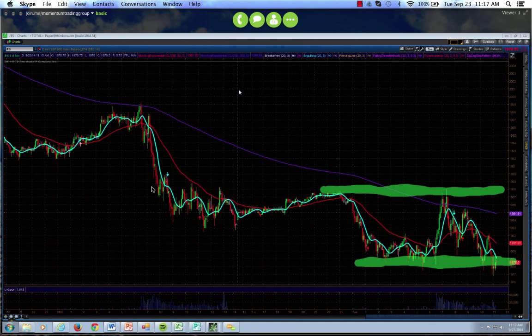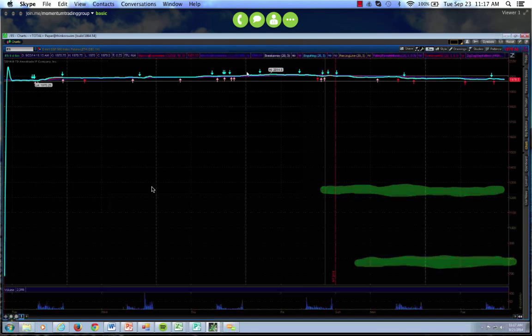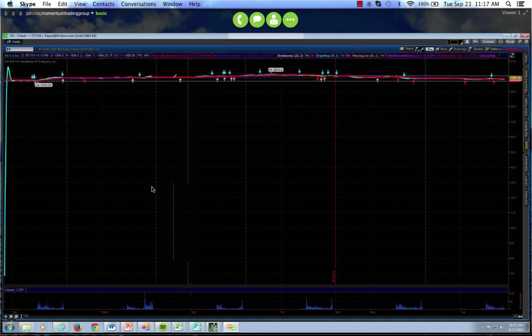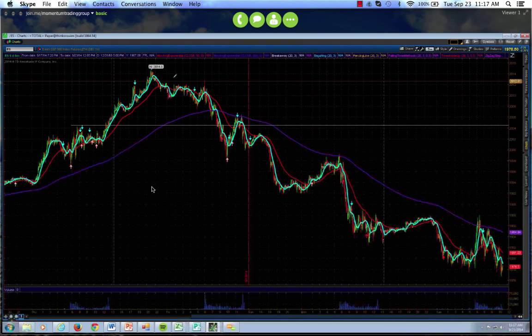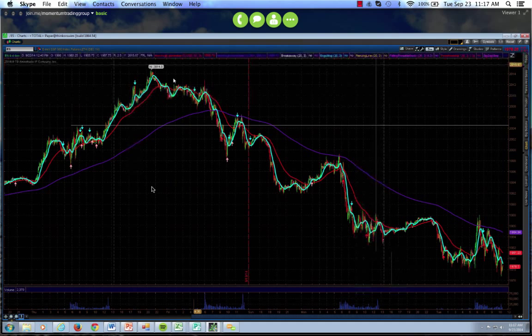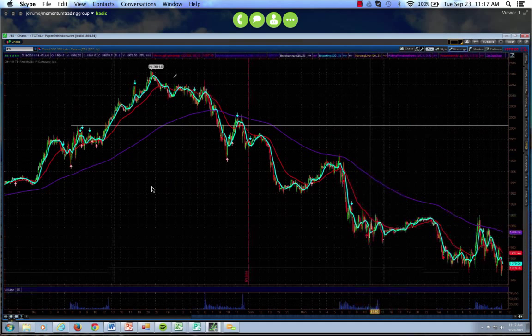Now, if you go back in time, and we'll zoom out here. Let's go ahead and clean that up. So you'll notice how this will create a series of levels.